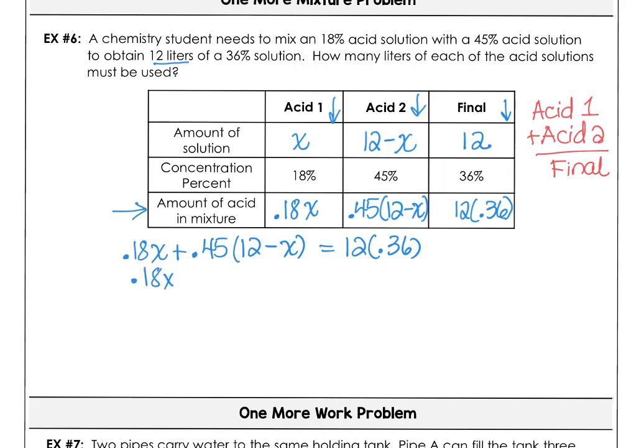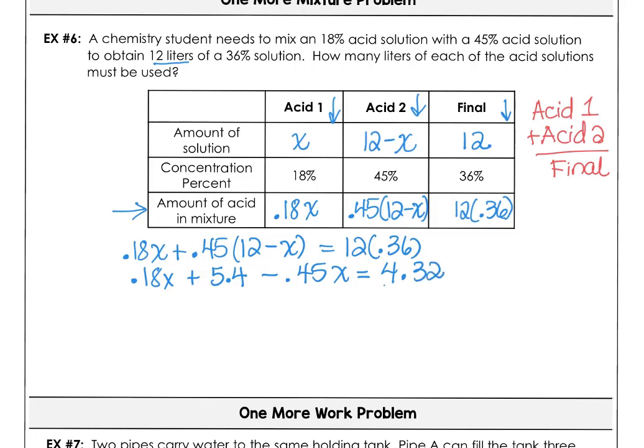So collecting like terms and solving for X, 12 times 45% is 5.4, and 12 times 36% is 4.32.